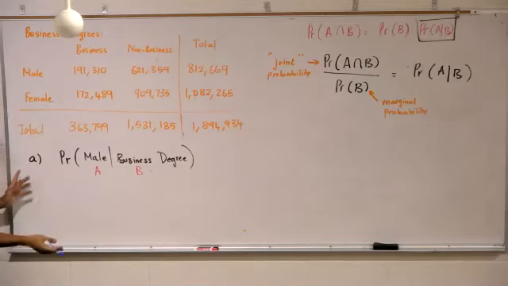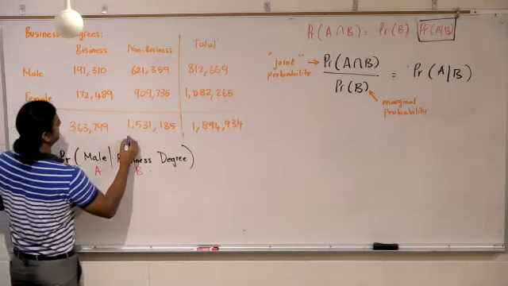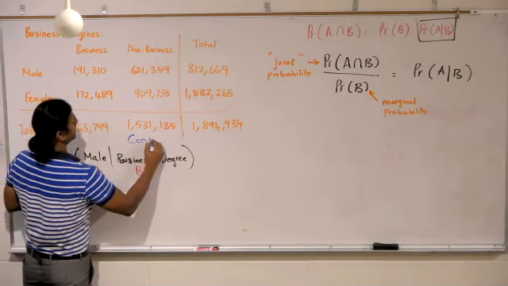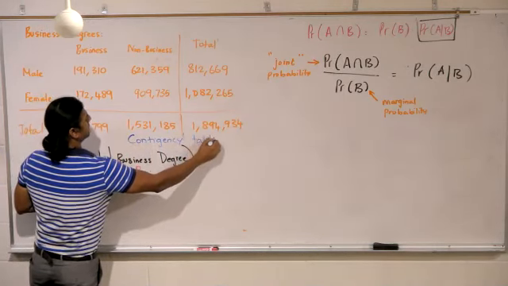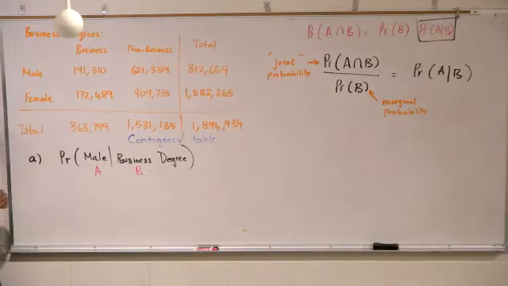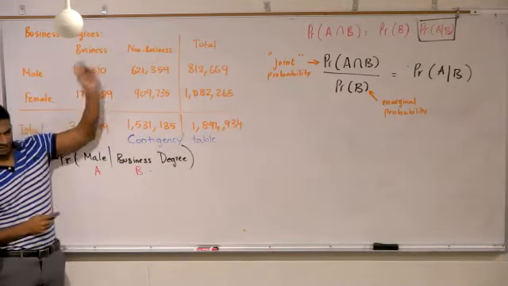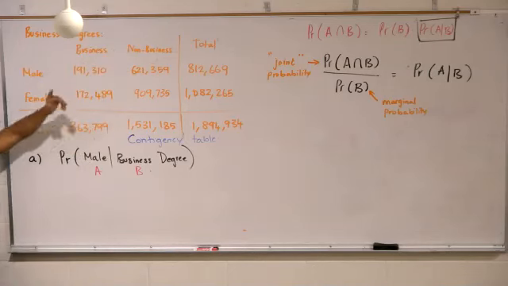This table that I created is what we call a two-way table or a contingency table. So this is a contingency table that relates whether a person got business or non-business degrees versus their gender.